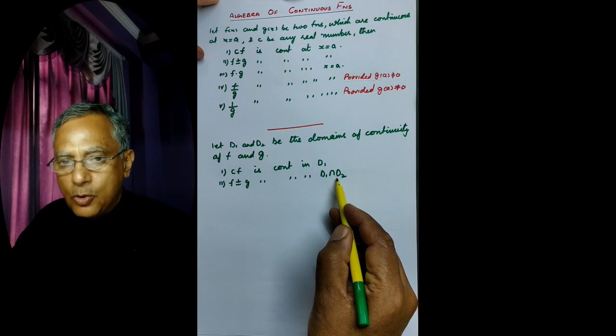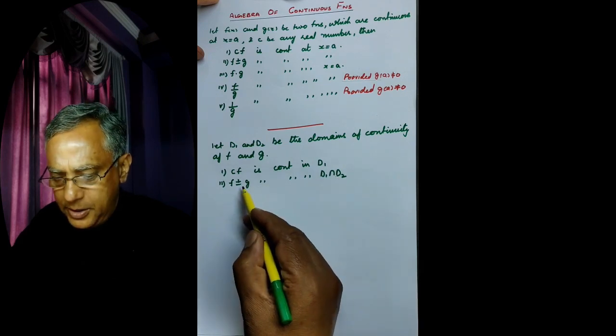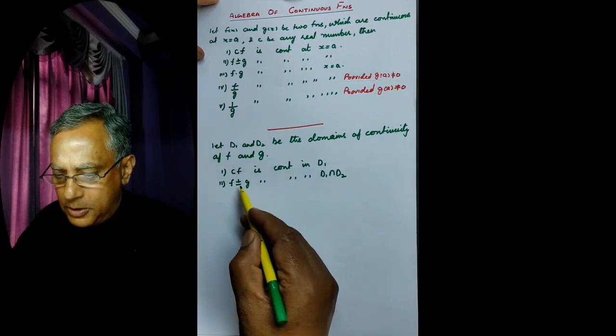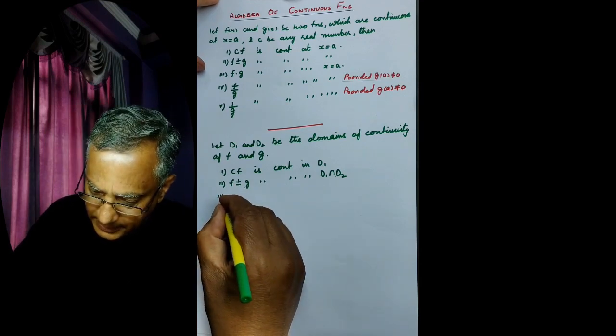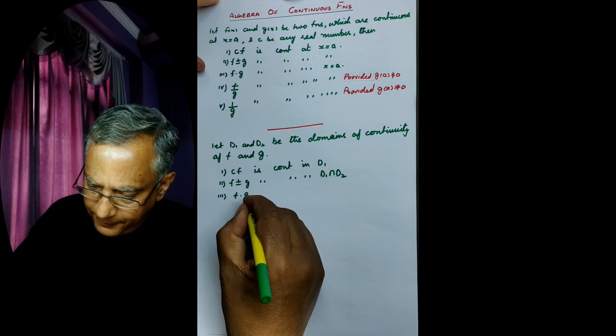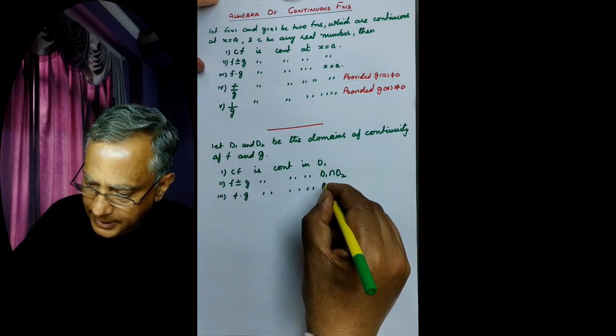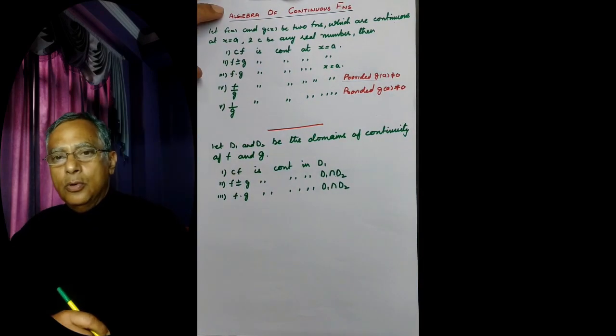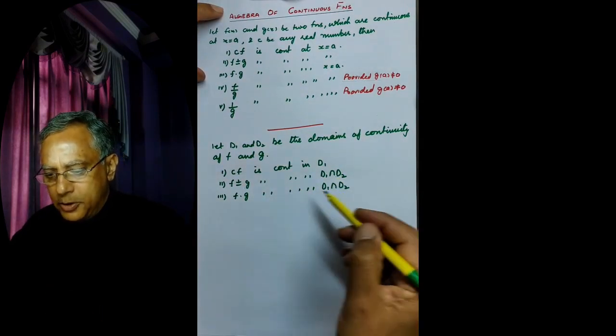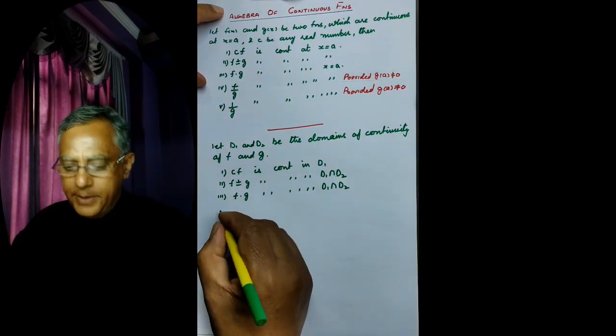And third, f into g is continuous in, again, D1 intersection D2, the portion common to both these domains.